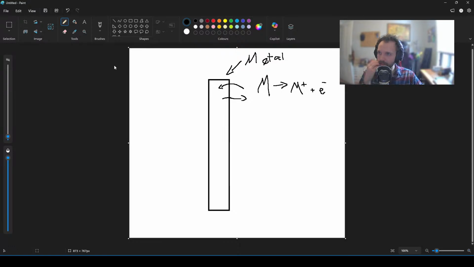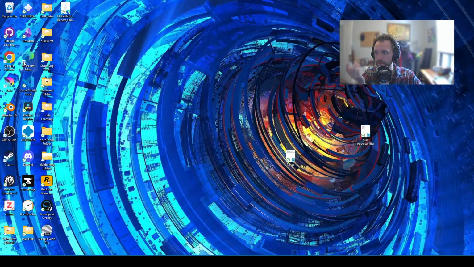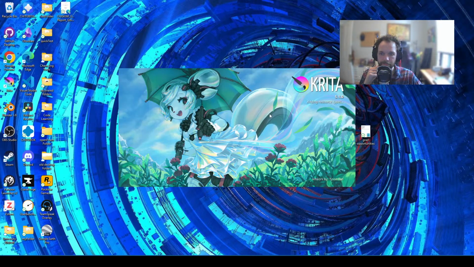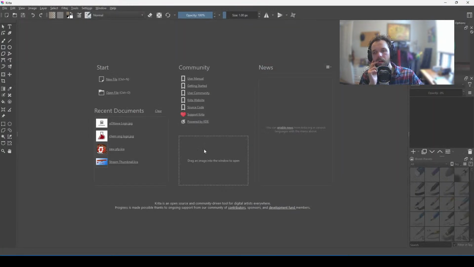Oh, that's right, I don't have Control Z. It's got undo up here, but is undo linked? It should be linked to Control Z. Is my keyboard not working properly? Hold on, I know Krita should work properly. There we are.